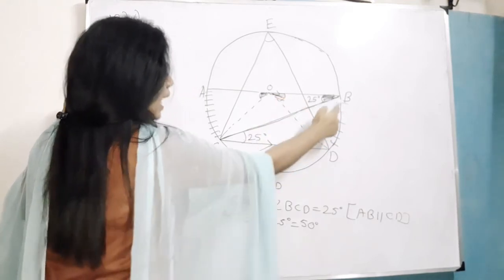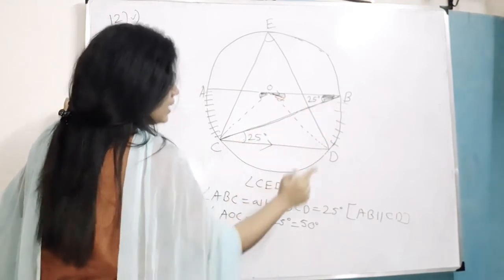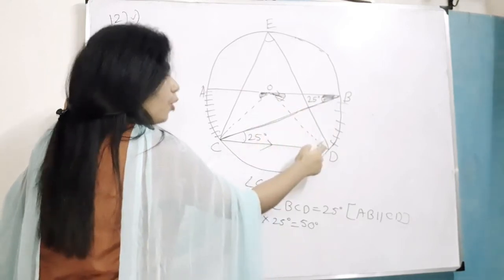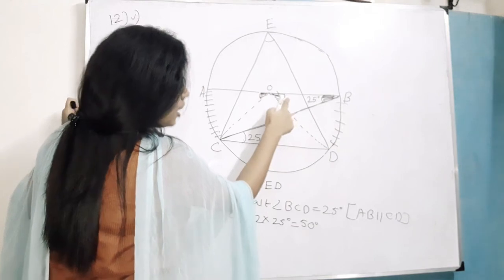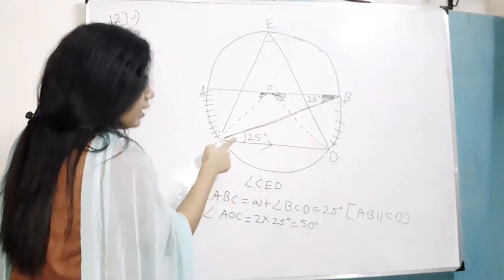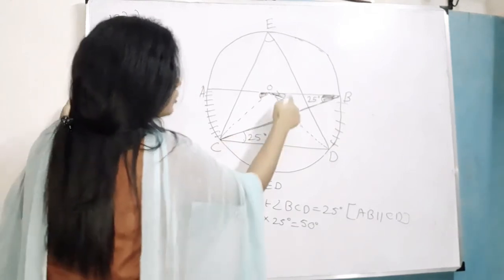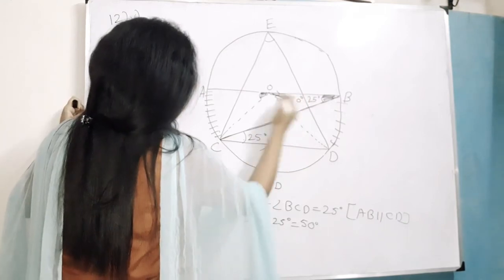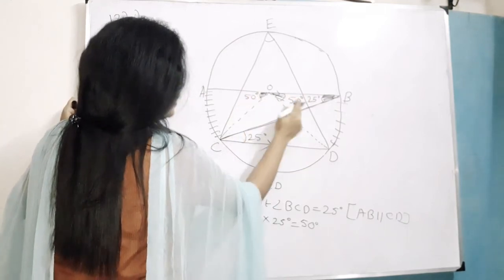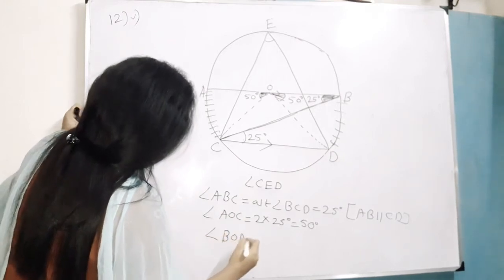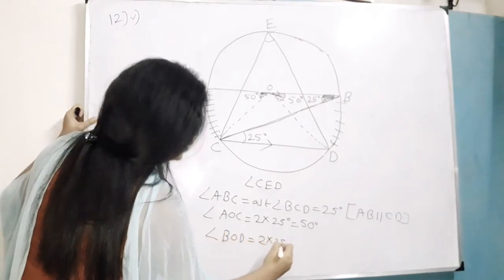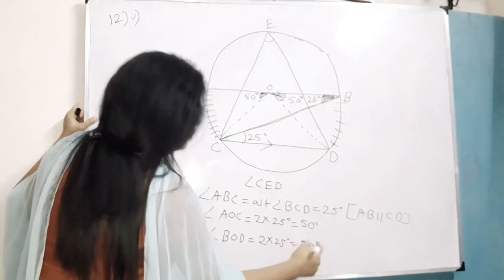Why? Because angle BCD and angle BOD both are lying on the same arc BD, but one is the central angle and the other is the angle at the circumference. So this one will also be 50 degrees. This one is 50 and this one is 50. So I will write that angle BOD equals 2 into 25, that means 50 degrees.